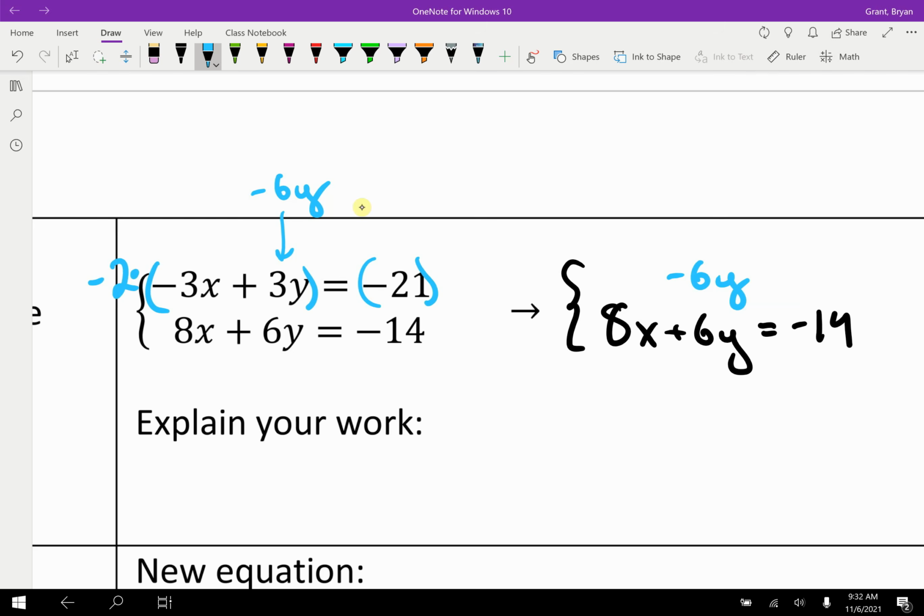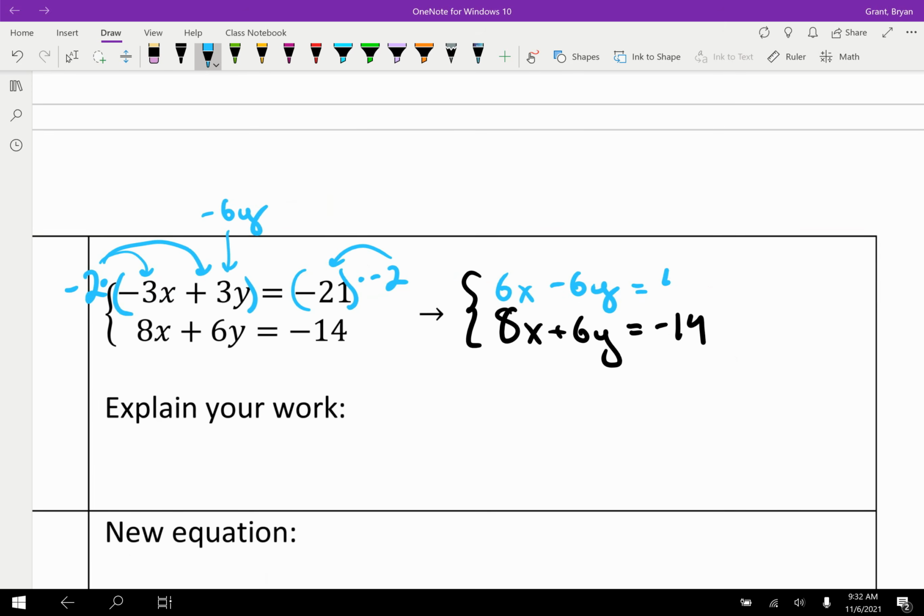Now notice I grouped the whole left side in parentheses, and I'm doing the same thing with the whole right side. We want to do that because we need to show we're multiplying every number by -2. So -2 times -3 is positive 6x. -2 times 3y is -6y, and -2 times -21 is positive 42.